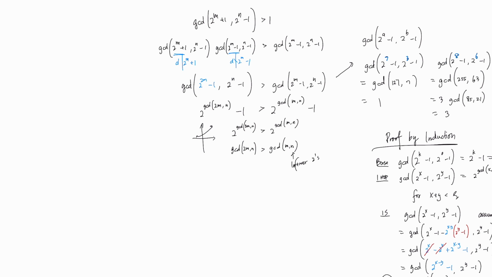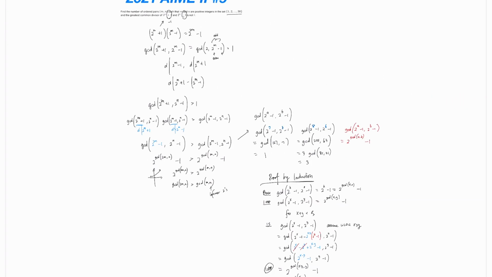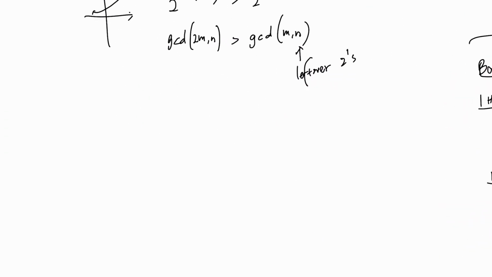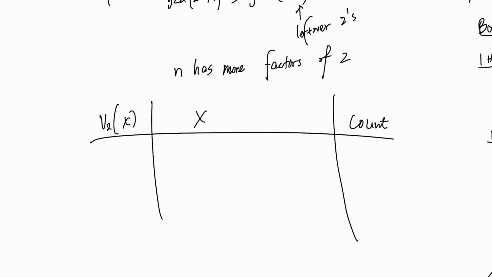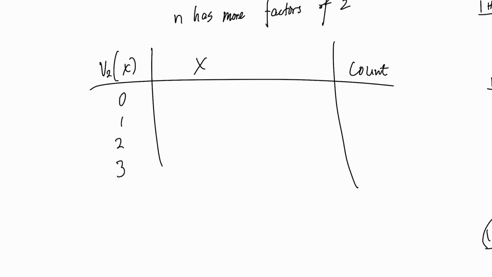Which means that in this case, n has more factors of 2. So let's list out, well, factors of 2. I will use V2 to write that. Well, it's not n, but, well, generally x, I guess. And we have count. So we have 0, 1, 2, 3, 4.